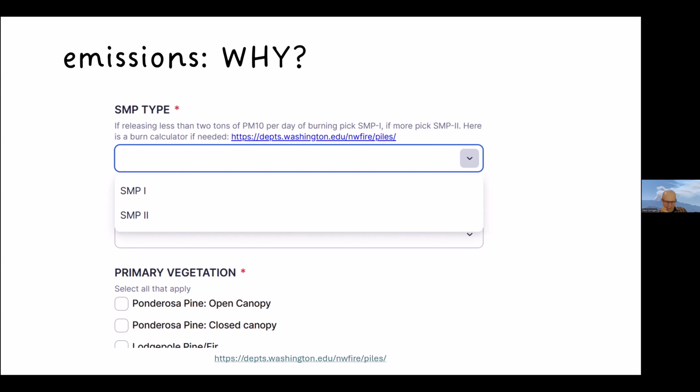I don't think I can overstate how variable they are. Some states have very esoteric rules. Some states have a form that probably anybody on this call could figure out just looking at it once and say, okay, I think I know what I need to do to apply for a prescribed fire permit.